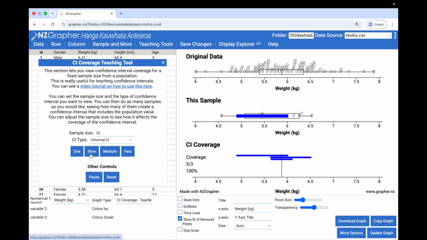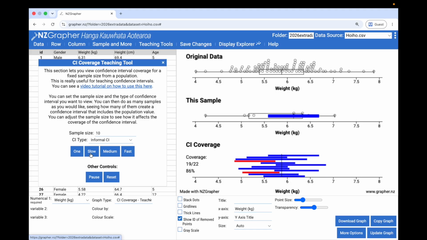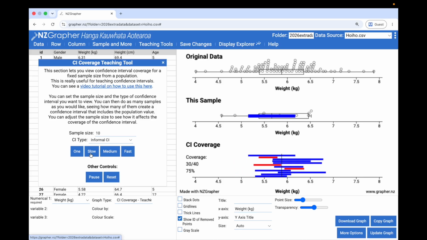Now, if I do this slowly, we can see that each sample we take, at the moment we're just doing samples of 10, has quite a different confidence interval because we've got quite a small sample size. And we can see that over time, the blue ones contain the population median, and the red ones don't.